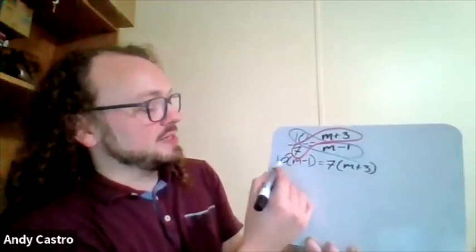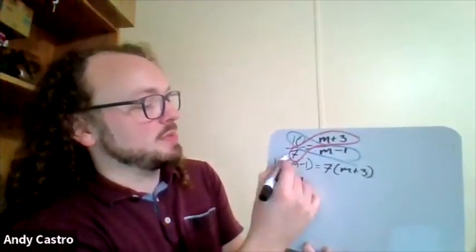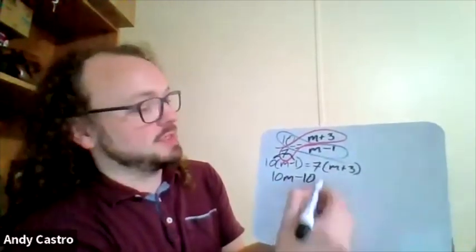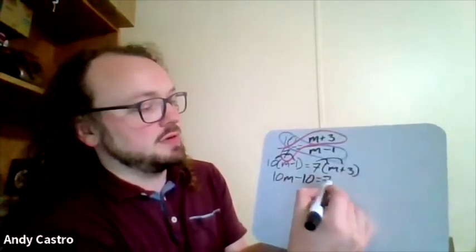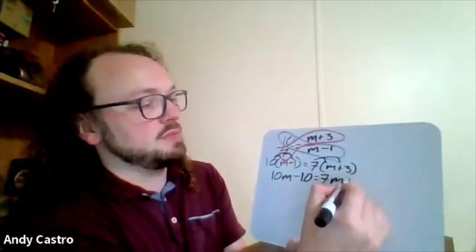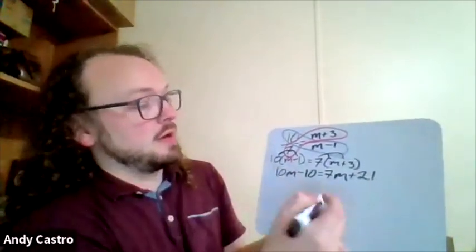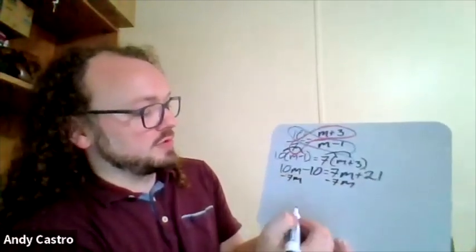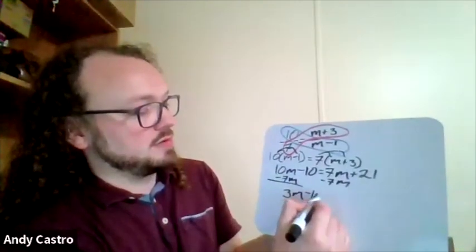I'm going to distribute my 10. 10 times m is 10m. 10 times -1, -10. Now I'm going to distribute my 7. 7 times m, 7m, plus 7 times 3 is 21. And now I'm going to move my variable over to one side. 10 minus 7 is 3.